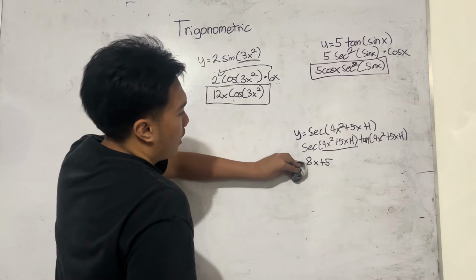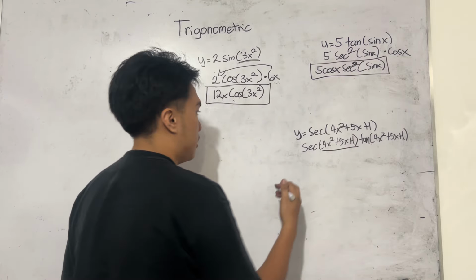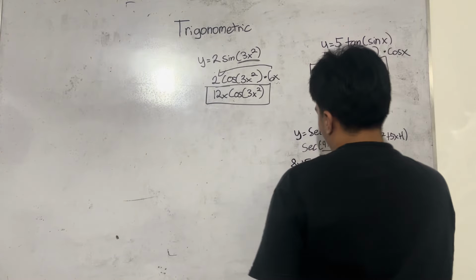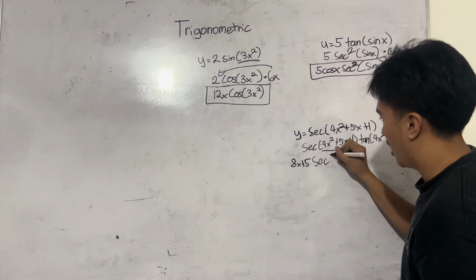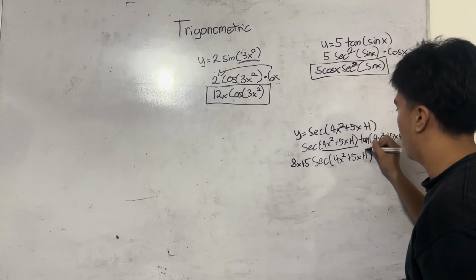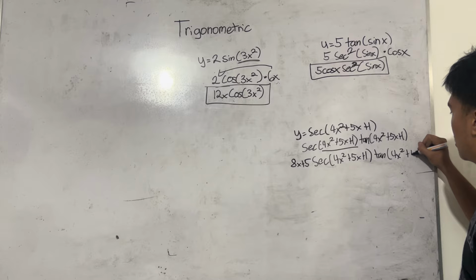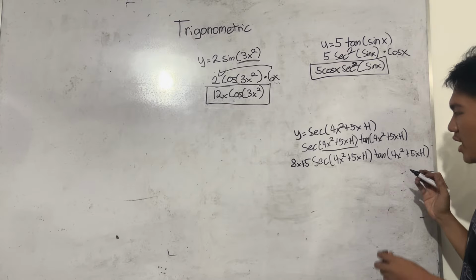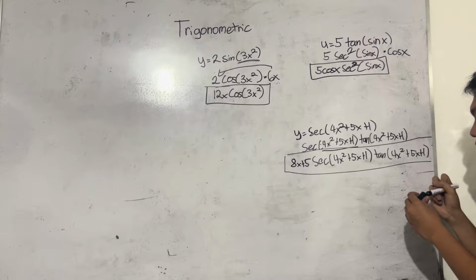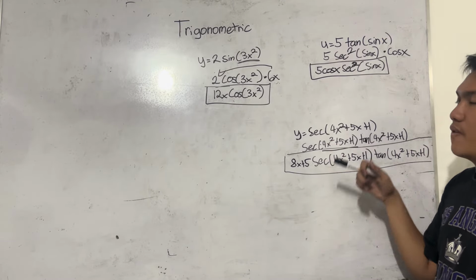Now, we take this 8x plus 5 and put it in the front part, and then we just bring this down again: secant 4x squared plus 5x plus 1, and then tan 4x squared plus 5x plus 1. And there, that will be our final answer for the equation y equals secant 4x squared plus 5x plus 1.